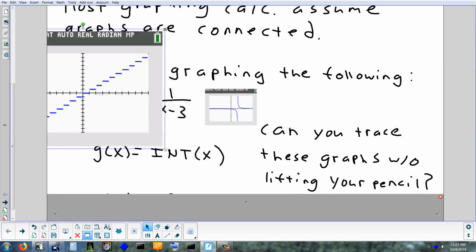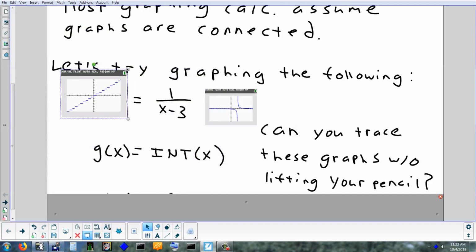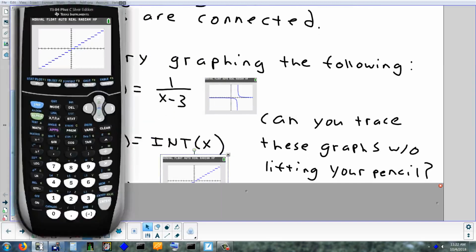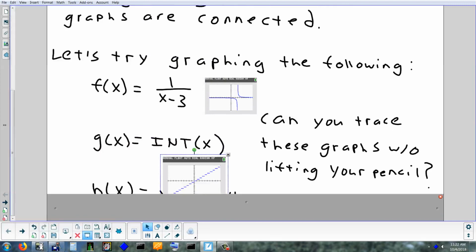It'll actually draw it a lot faster too. It's going to look exactly like steps. It shouldn't look like that. It should look like what I had over there.